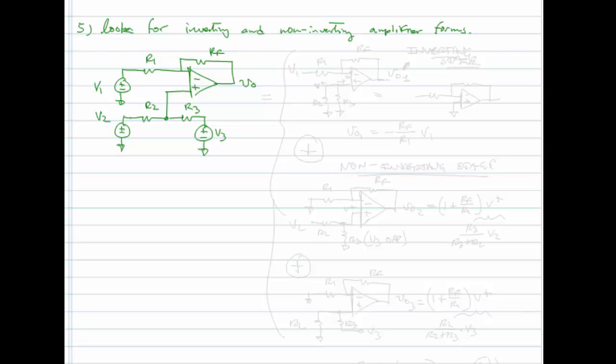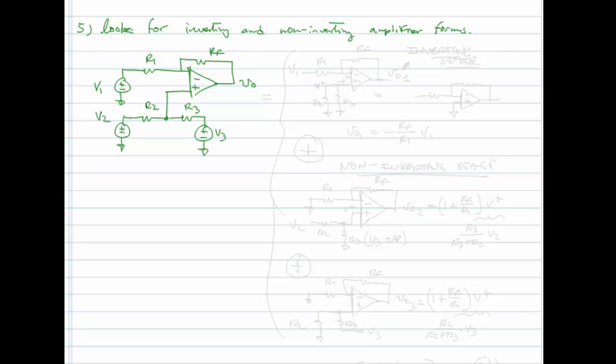Well, V1 is connected into the inverting pin of the op amp through R1, and so it is part of an inverting amplifier stage in its path. Whereas V2 and V3 are connected through their respective resistors to the non-inverting input, V plus, of the op amp, and so there is a non-inverting amplifier in their path.